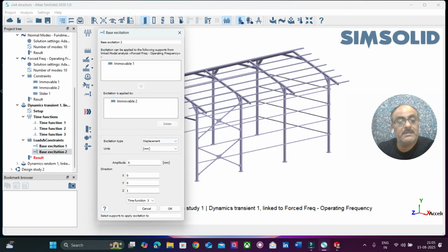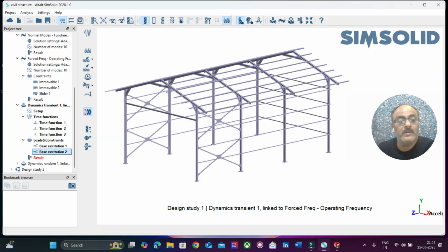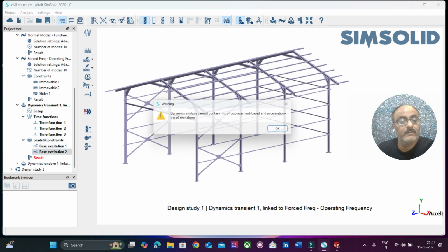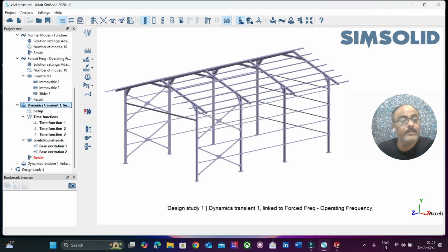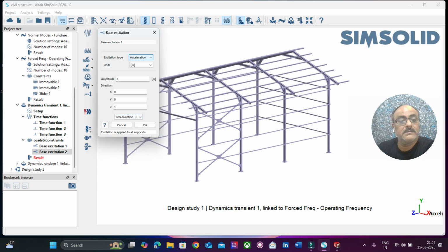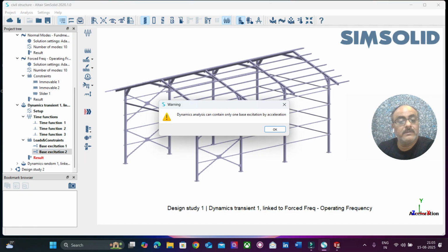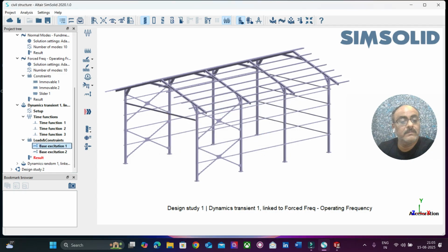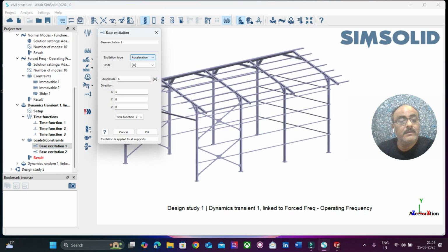Similarly, here there is a displacement value. So how does it affect the structure? This is a transient system, and there are three different functions that I have defined.